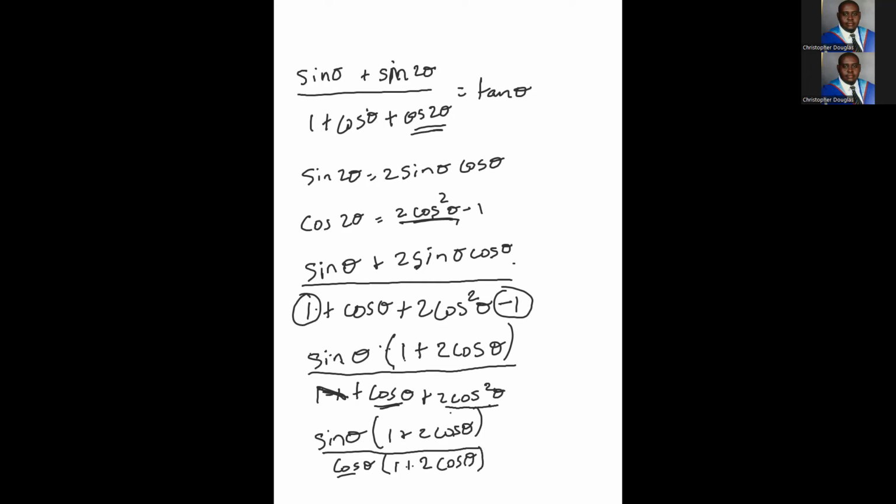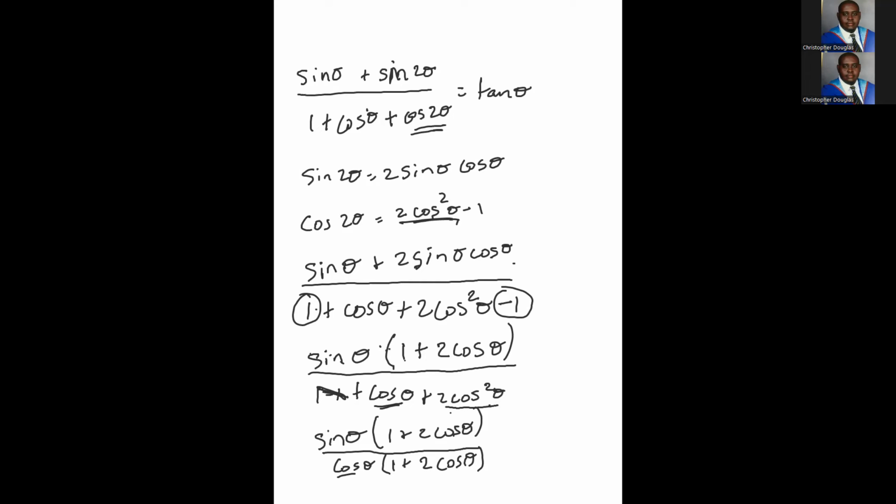Wait, hold on. Something is really odd here. Look at this. I have the 1 plus 2 cos theta both at the top and the bottom. Remember, I'm multiplying here, so these are all single terms. These are multiplications.